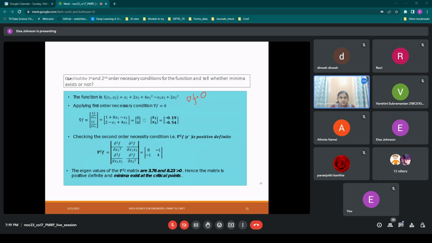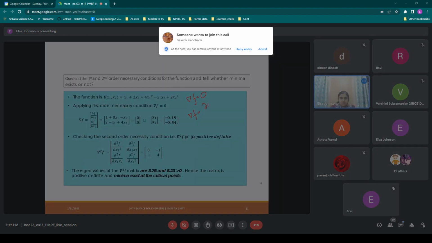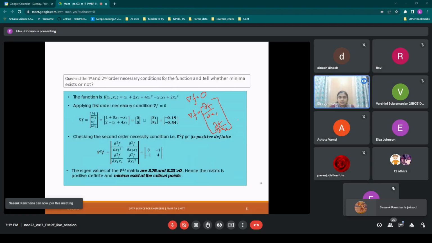Can you tell me how you calculate del f, which is dou f by dou x1 and dou f by dou x2? This is the matrix that you have to find, and in that you will be getting 1 plus 8x1 minus x2, right? Are you getting like that?